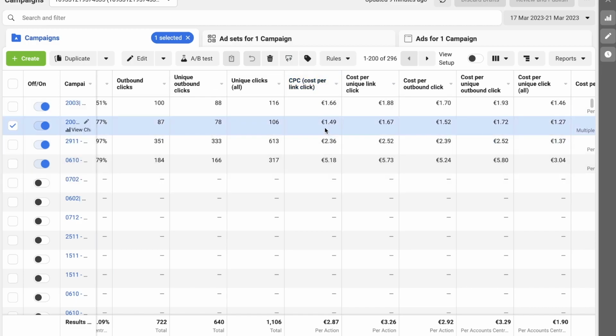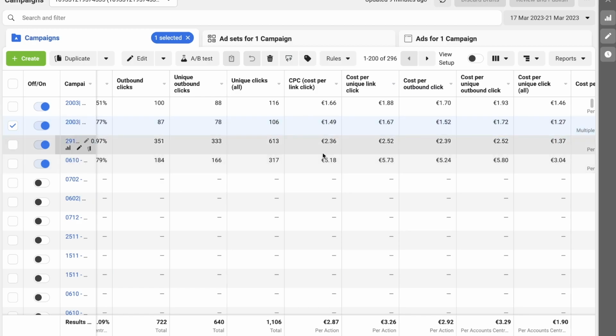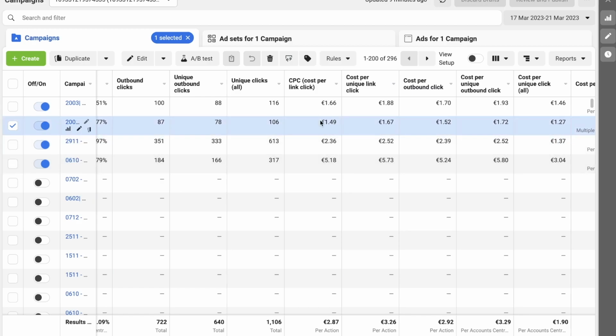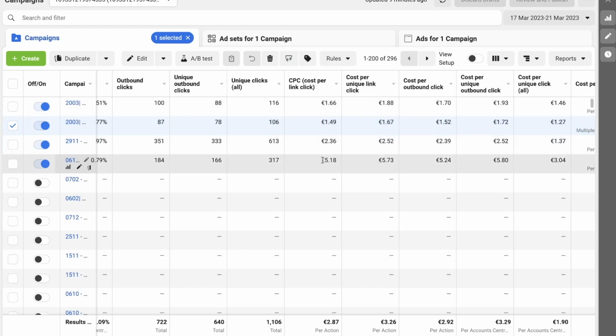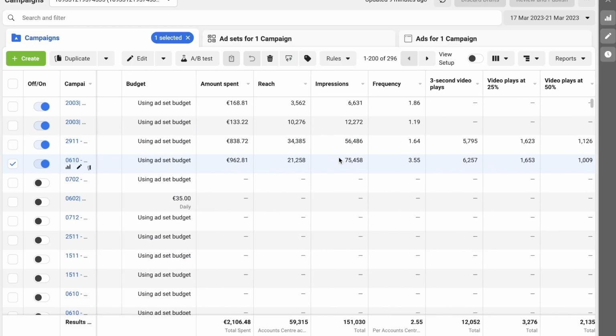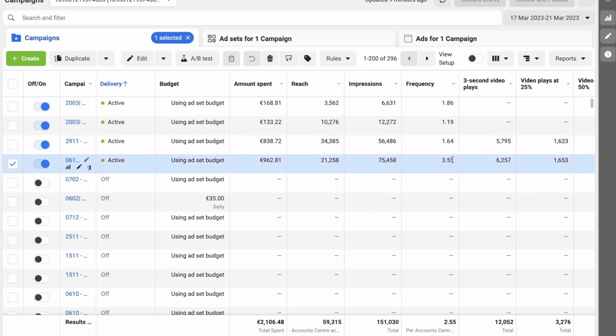So these are not costs that happen anywhere again. It's just the calculation of how many clicks you got for what kind of money, and this number is presented here. And also, this is one of the more important framework KPIs, and you can already tell, I mean, €1.50 is quite good, €1.60 is also quite good, €2 getting expensive, €5 getting really expensive, but this is most likely a retargeting campaign, as we could tell from the quite high frequency here.